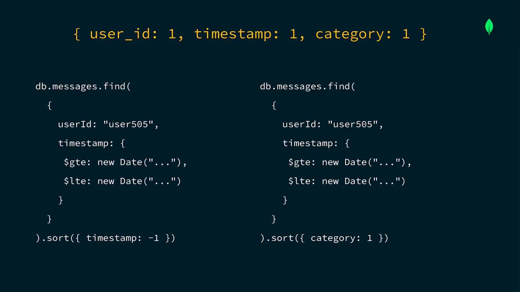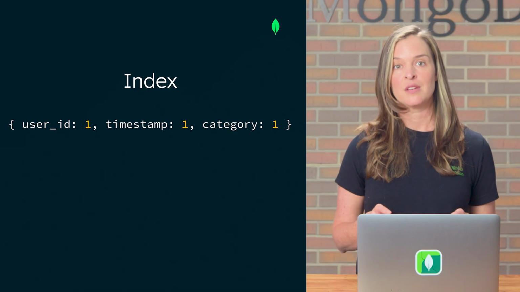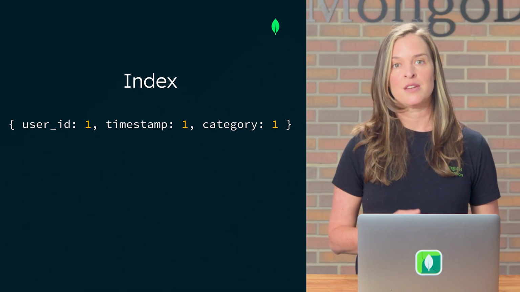So while this index will perform better for the first query than the second query, we predict that the performance will be good enough for our application's needs. If the range on timestamp was not highly selective, then we may need to reconsider our strategy and create 2 different indexes. This seems like the optimal order for our index fields, and we'll test it out to be sure when we create the index later.